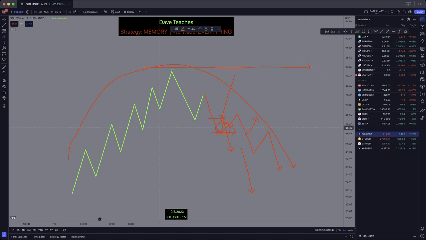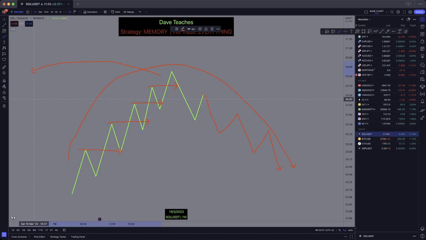Without considering everything that happened in here. So we begin to look for shorts. Here's the answer. We begin to look for shorts the minute we see structure shifting, and we've tapped into a higher time frame area.